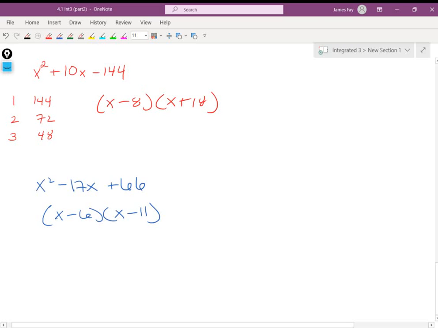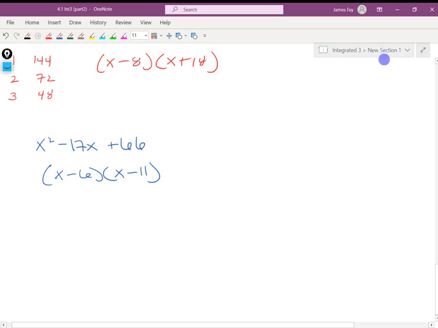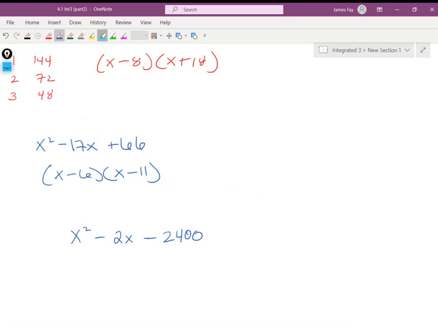Let's say that we've got a number. All right, so let's try this. Let's go x squared minus 2x minus 2400. Would you guys agree that that's a pretty large number, 2400?